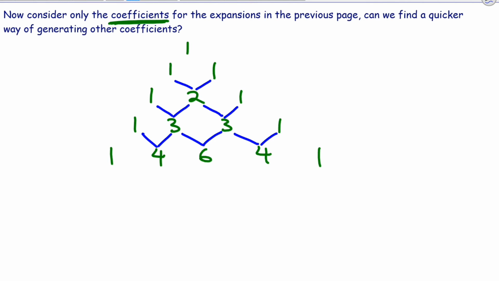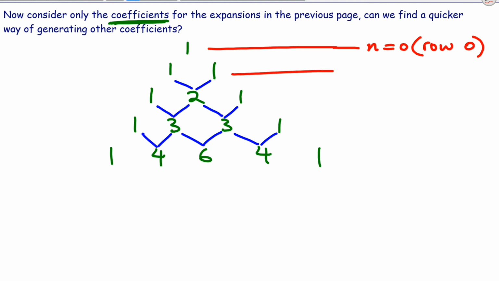Just before I continue that pattern, let me label each of these so that you can know what's happening here. So these were the results for when n was equal to 0. I'll call that row 0. And these were the coefficients when n was equal to 1.